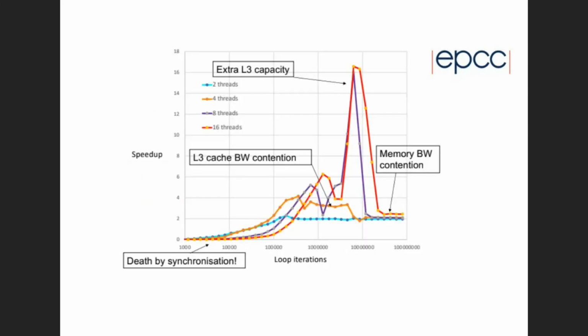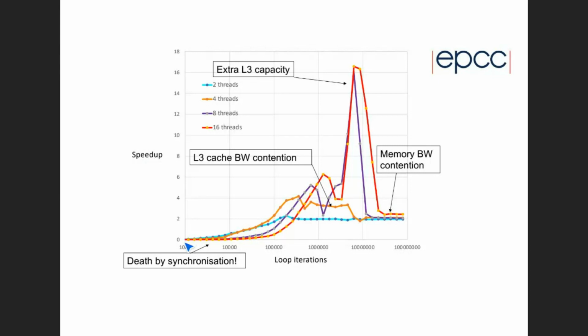I started off at n equals 1,000 and go up to 10 million, and do this for different numbers of threads and calculate the speed up compared to running on one thread.